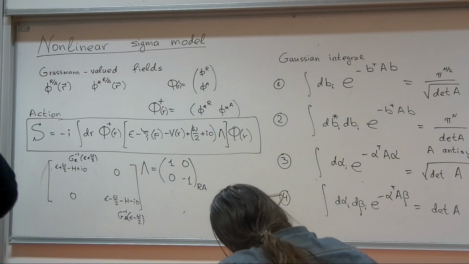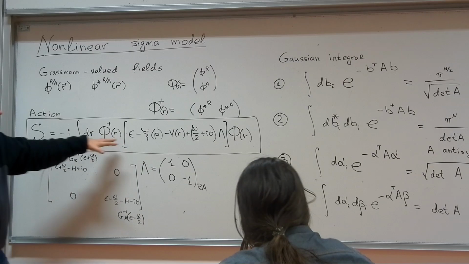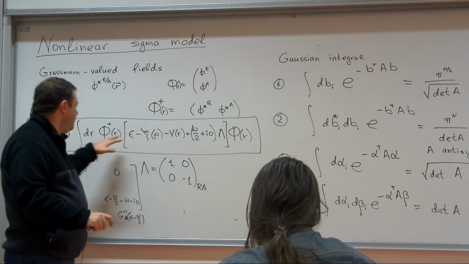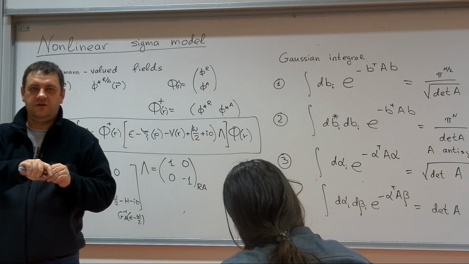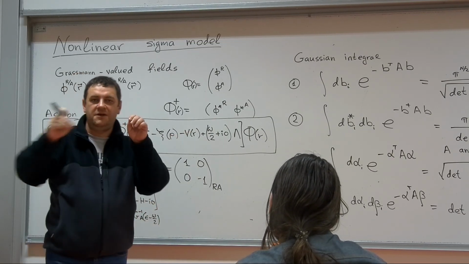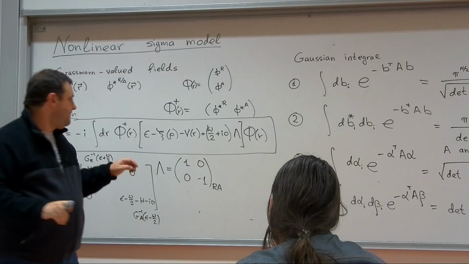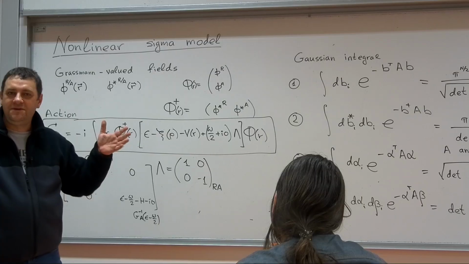So what can we do with this action? This is just a quadratic expression in these fields phi. It's phi dagger, and some huge matrix in between, even infinitely large, because each point in space is like a matrix index. And this integral over R means take a trace.